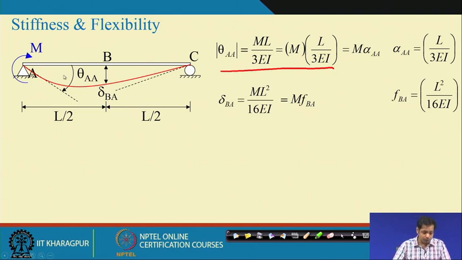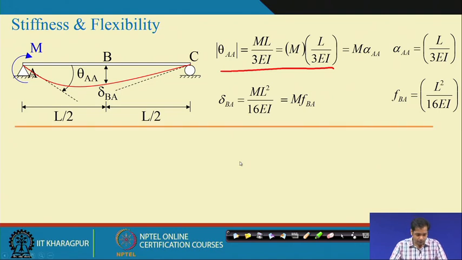So, due to the action of this moment m at A, we have rotation at A and deflection at B, and the rotation and the deflection are related to m as this.